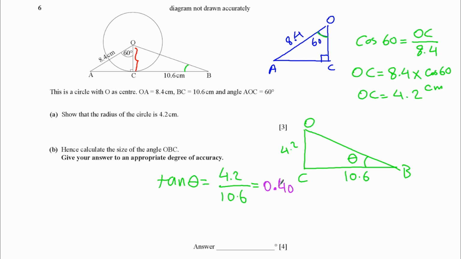So tan of theta equals 0.40. I'm looking for theta itself, so I need to use tan minus 1. So theta would be equal to tan minus 1 of 0.40. The answer that I have is 21.8 degrees.